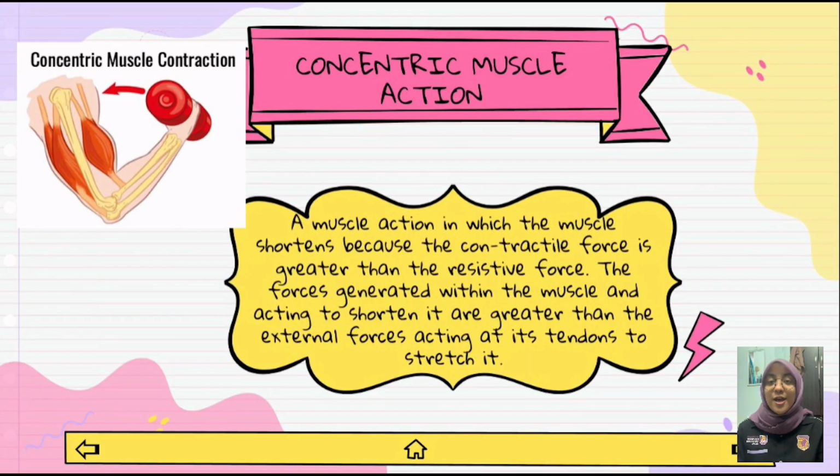The first one is the concentric muscle action, in which the muscle shortens because the contractile force is greater than the resistive force, and the force generated within the muscle and acting to shorten it is greater than the internal force acting at its tendon to stretch it.